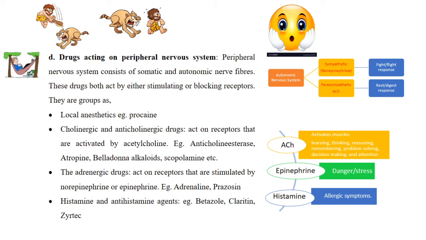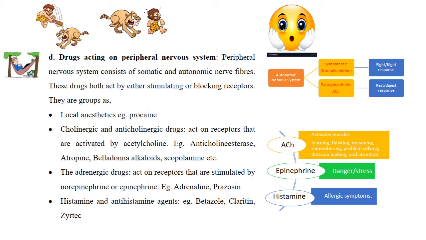In such an emergency situation, the sympathetic nervous system will be stimulated, and it will instruct us either to run or to beat and kill the animal. So that is the fight or flight response.